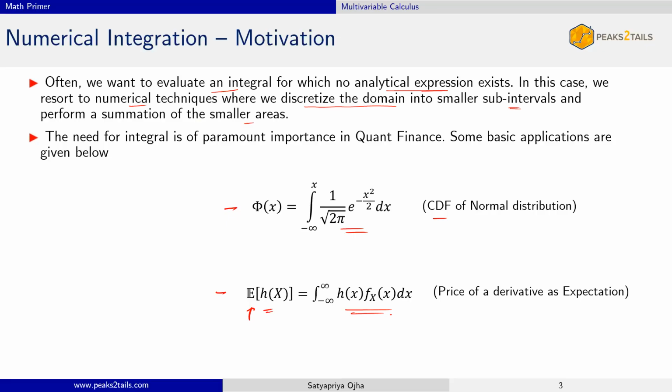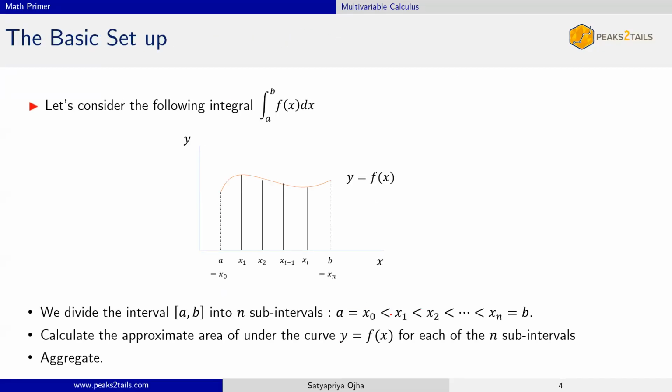So two very basic examples for which we will need to perform numerical integration. All right. Topic is very easy. It's just basic geometry and some implementation routine that you need to know about. Okay, let's familiarize ourselves with the basic setup.